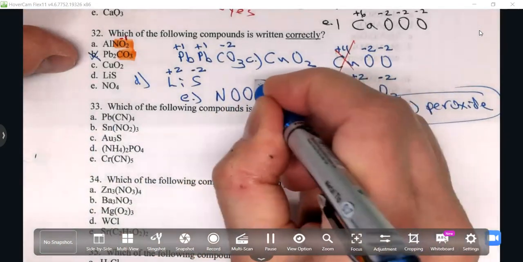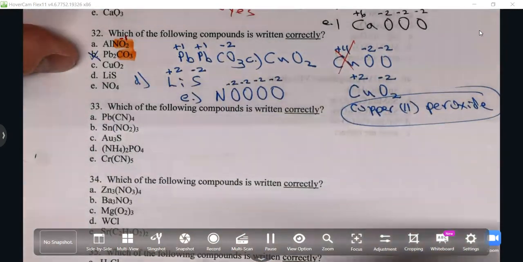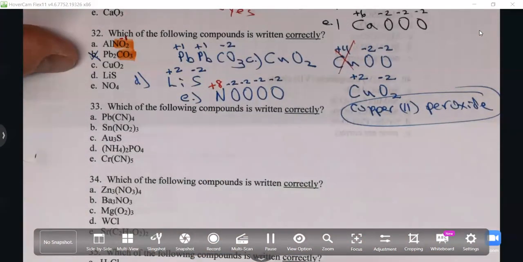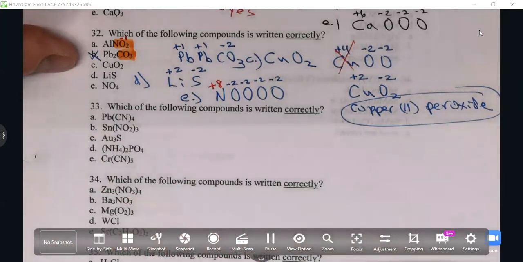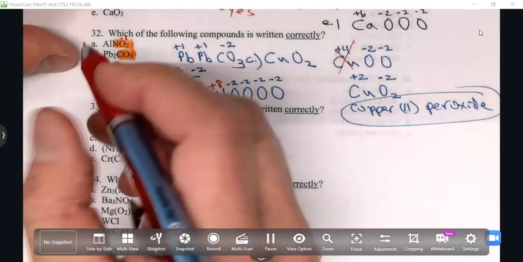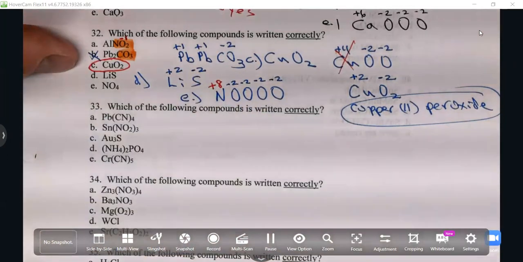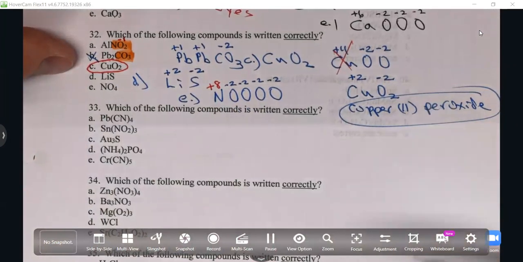So you'd have -2, -2, -2, -2. And the nitrogen would have to be a +8. So C for sure does work as a peroxide, right? Not as an oxide, as a peroxide.